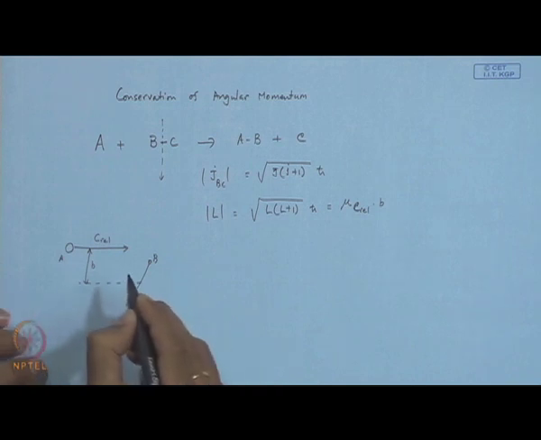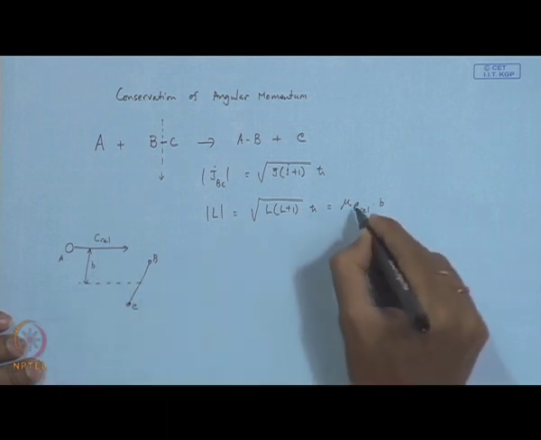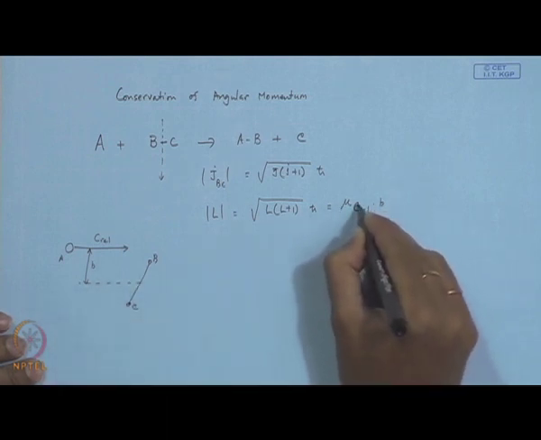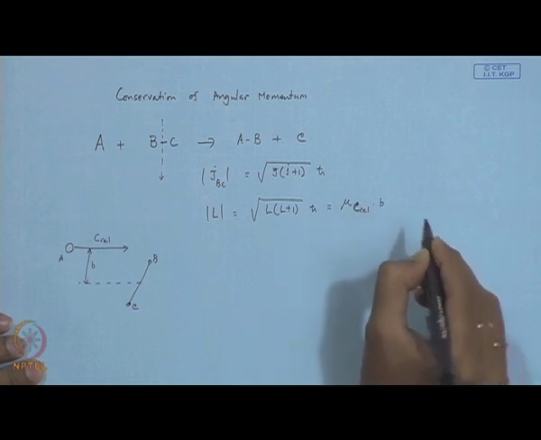So, M R, it is basically mu R into velocity, relative velocity.